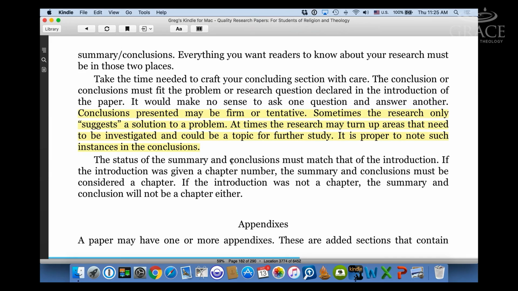So you can say, tentatively, this is what we conclude. That's fine. You're stating a conclusion, but you are being honest and saying the data is not 100%, and this is where we are right now. And that is telling the reader that there's room to expand this research. There's room for further study.